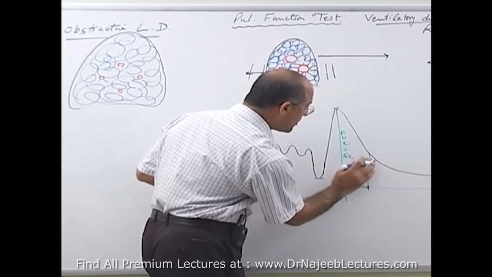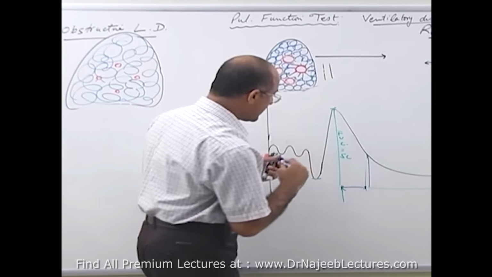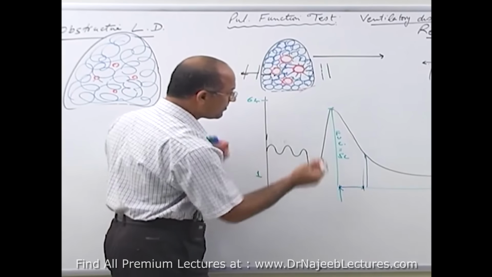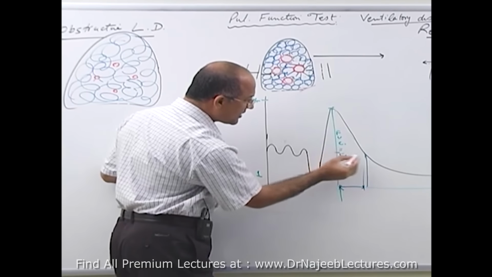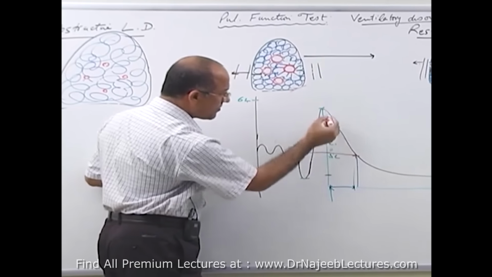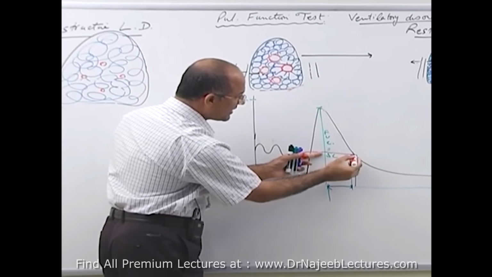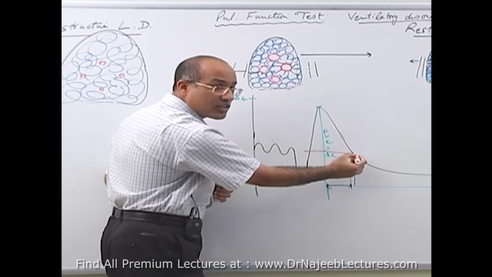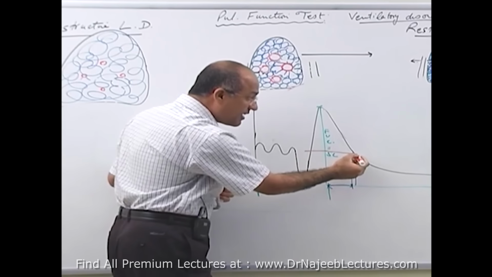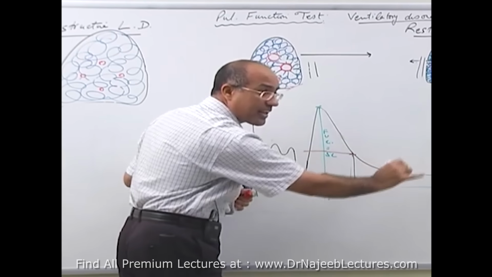It means that out of this 5 liter, this much came during the first second, and after that, in the second or third second, a little more air came out.